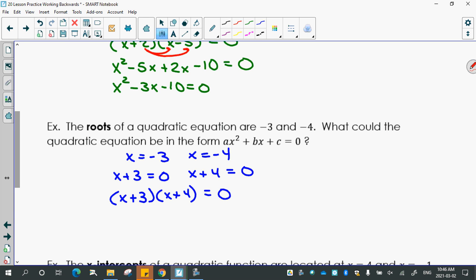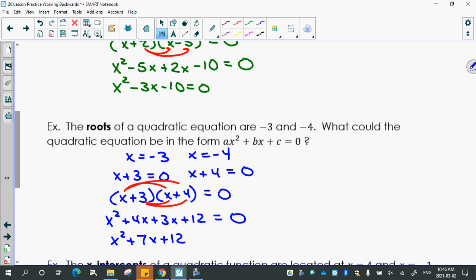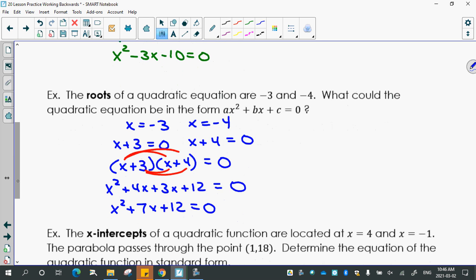And then double distributive here to get it in the standard form on the left side. How many people got that? Any questions on any of the steps?